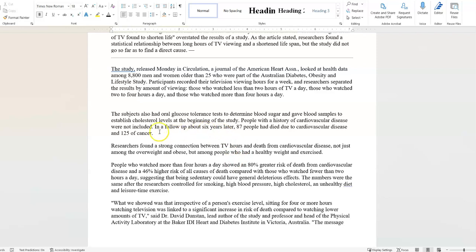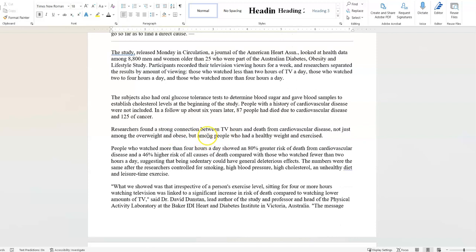So what happened is in a follow-up 6 years later, 87 people had died due to cardiovascular disease and 125 of cancer. This was of the 8,800 men and women who were older than 25. And so they found a strong connection between the number of hours that you watch TV and your death from cardiovascular disease.